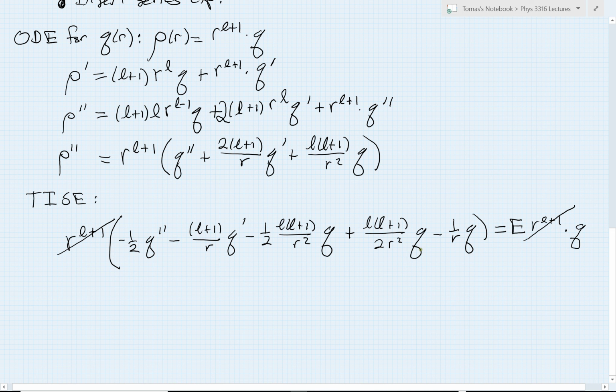But you will notice something really beautiful is happening here. This extra term, which we generated by picking this form for rho, right? The whole job of the R to the L plus 1 really was to generate this term, because this term exactly cancels this term, which is the centrifugal potential.